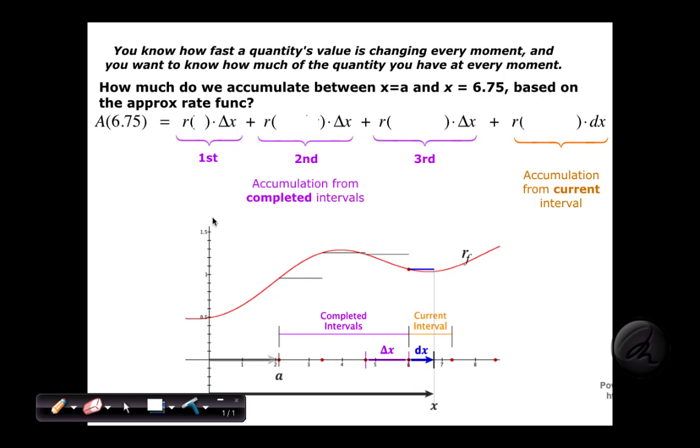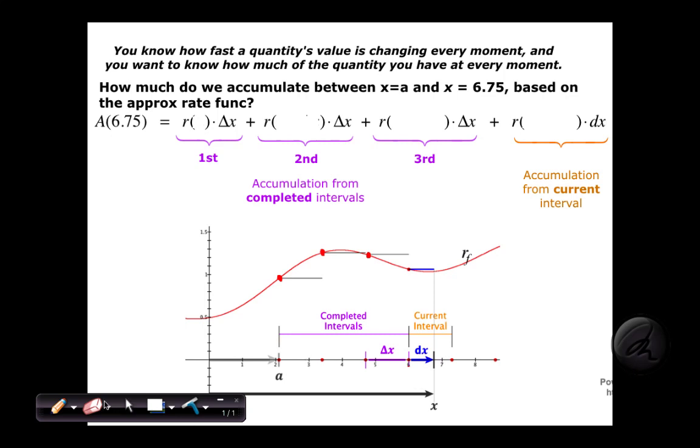Here, let me grab a pen, at those 3 points. This one, I'm going to use that rate value, this rate value, and this rate value. And I'm going to use them each for delta x. So if I can find a way to express those 3 positions by making an expression where I can sub in 3 consecutive whole numbers, I can put those first 3 terms into a sum.